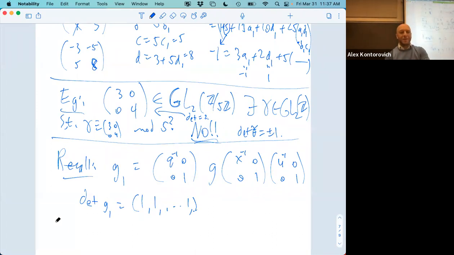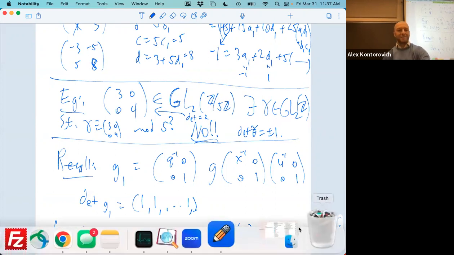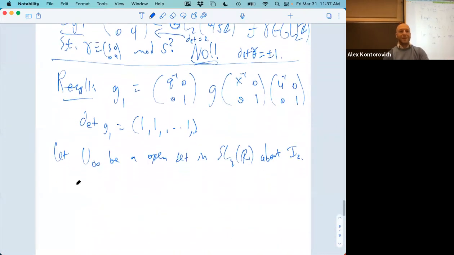Let U infinity be an open set in SL2R about the identity. Then look at the open set G1 times U infinity times a product over all places of SL2ZP.